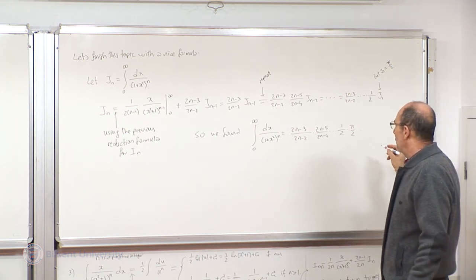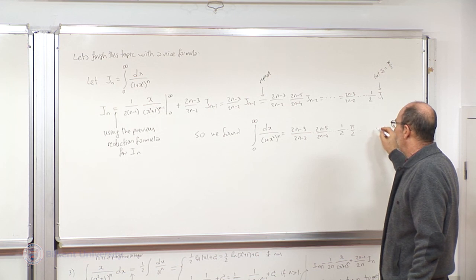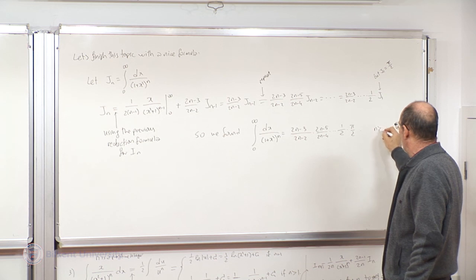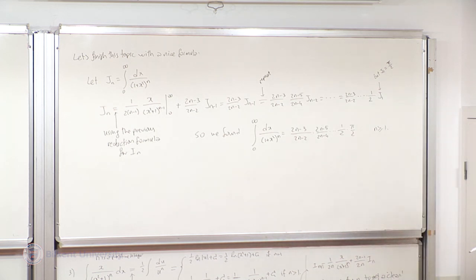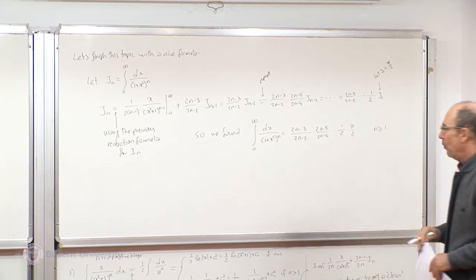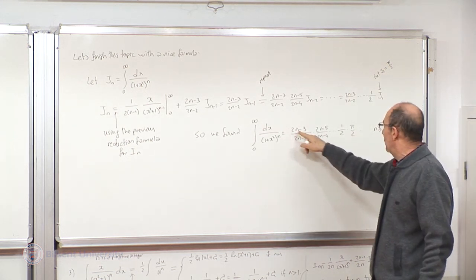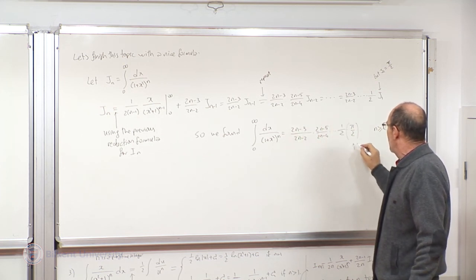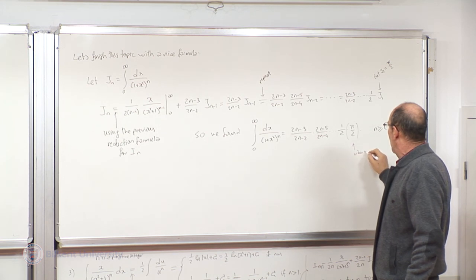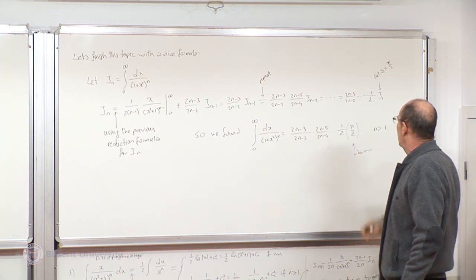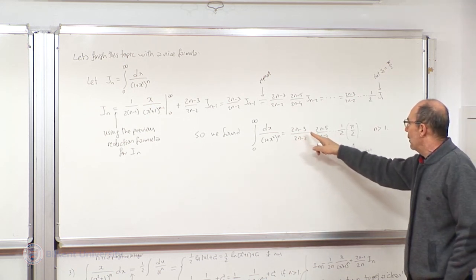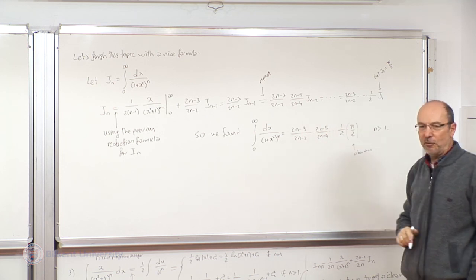Here n is larger than or equal to 1. When n equals 1, you don't have these factors, you just have pi over 2. When n equals 2, you just have 1 over 2 times pi over 2.